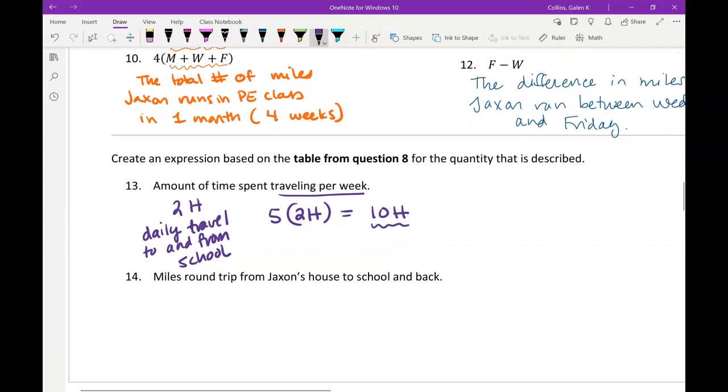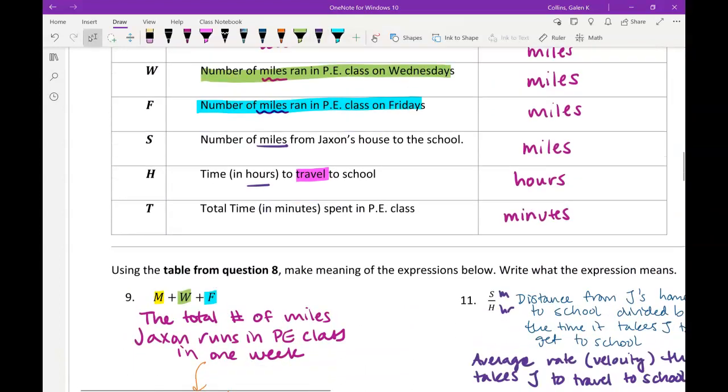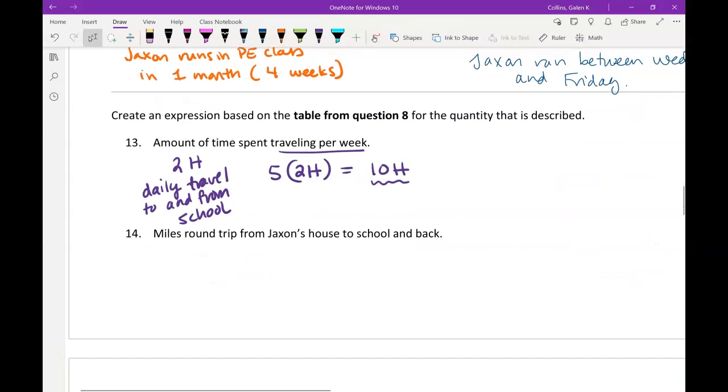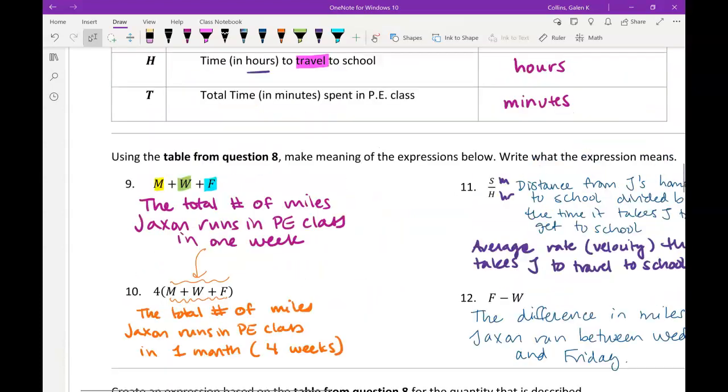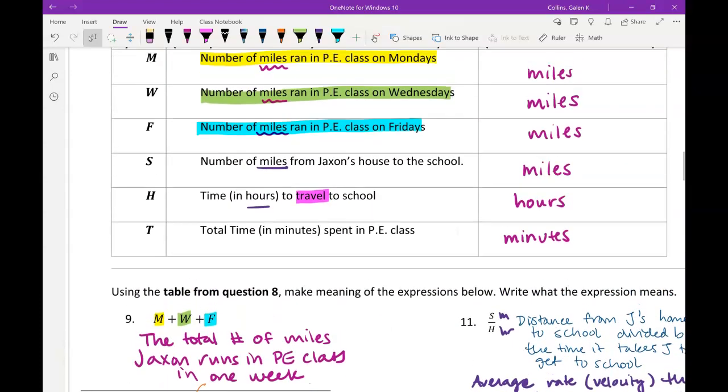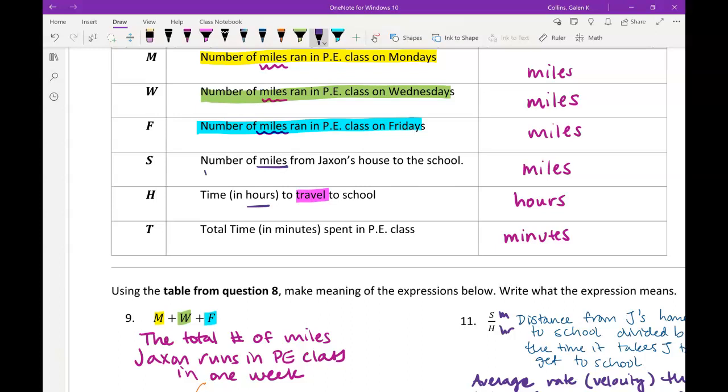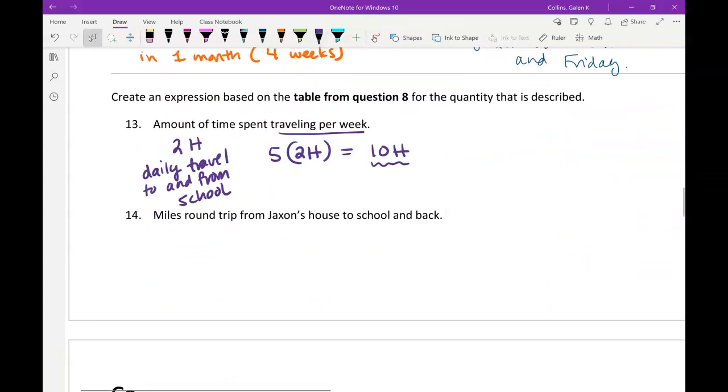All right, and then in number 14, miles round trip from Jackson's house to school and back. So we're not talking about time, but we're talking about distance from his house to school and back. So if S represents the number of miles from his house to school, well, if he then has to return that same distance, that would just be 2S, right?